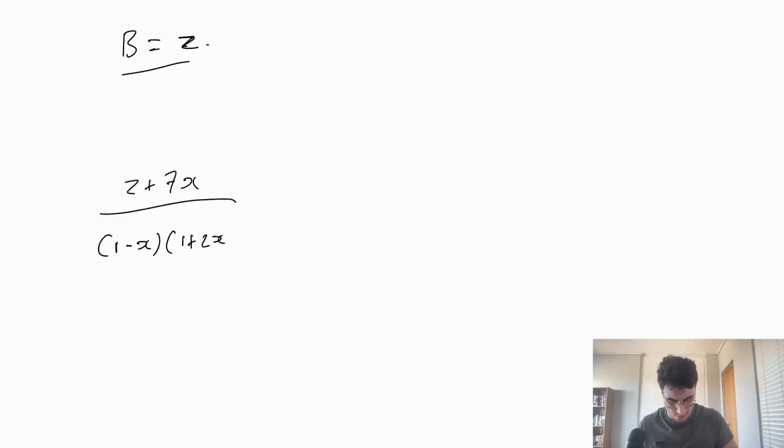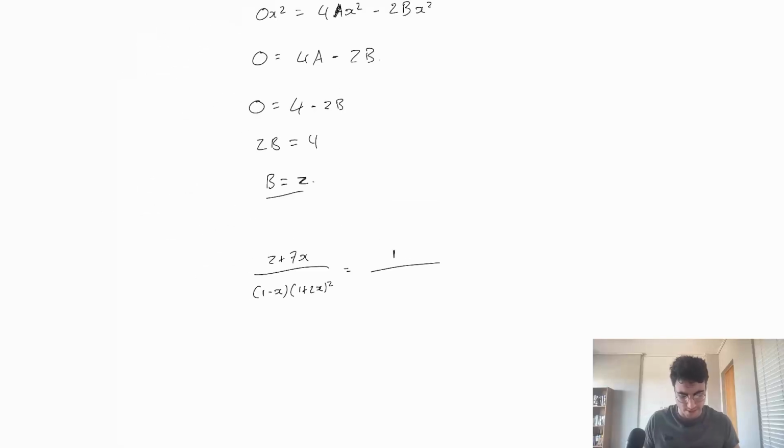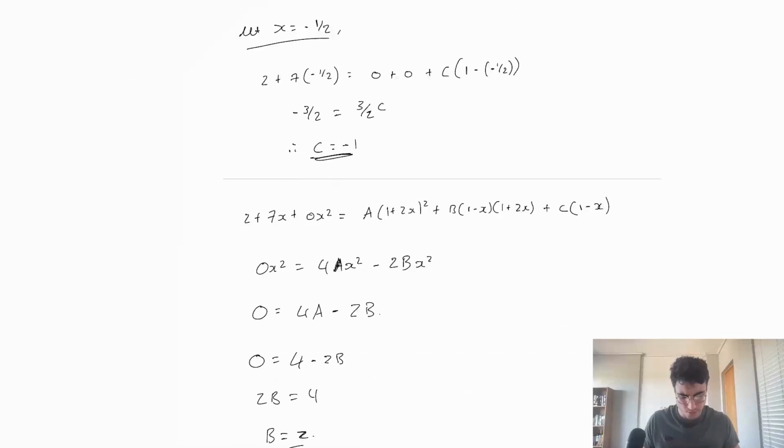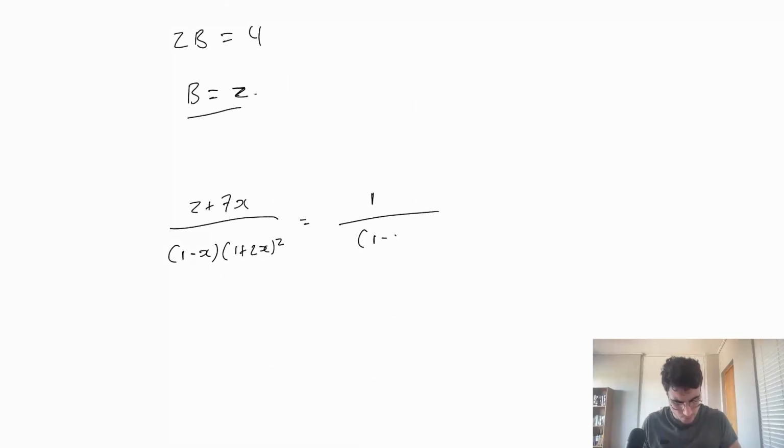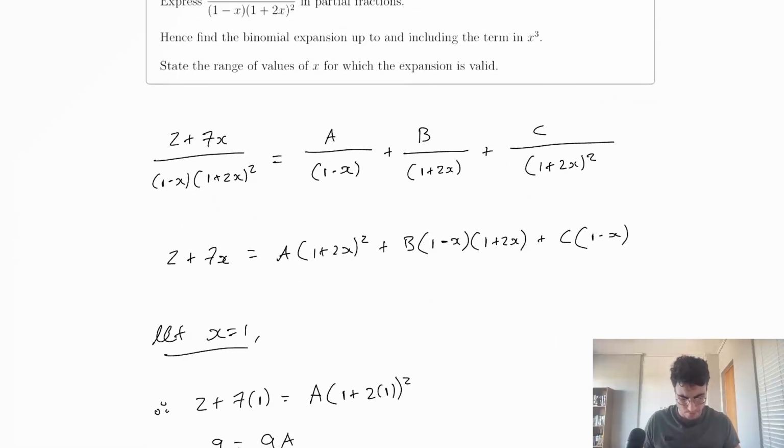1 minus x, 1 plus 2x squared, which is going to give us 1 over 1 minus x for a. Then for b, we've got 2 over 1 plus 2x.